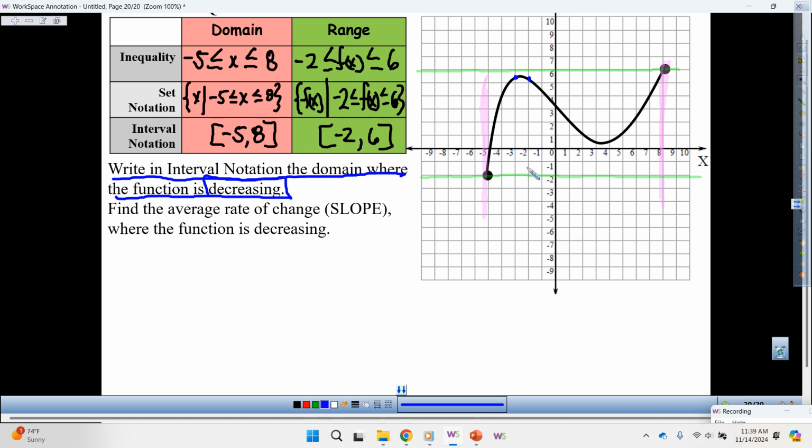Very close. Jesus? -2.5, about right there. Does everybody see that? This is where it starts going downward, so about -2.5.